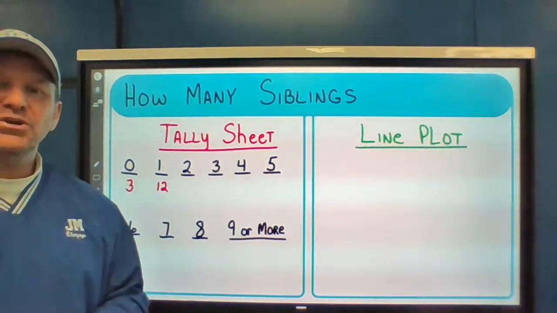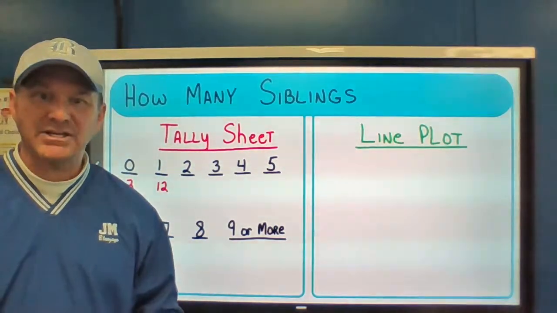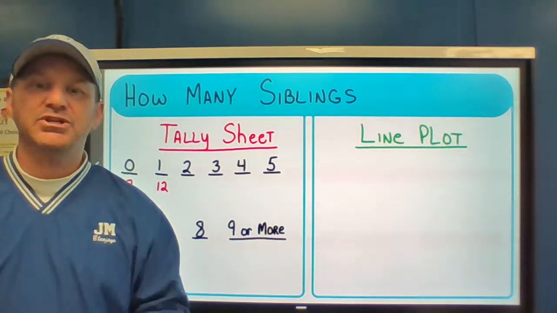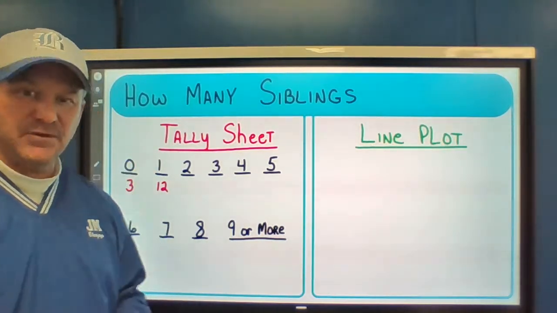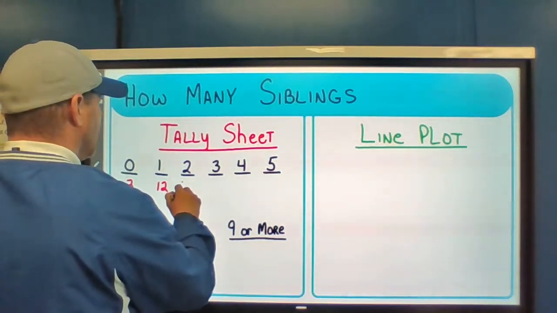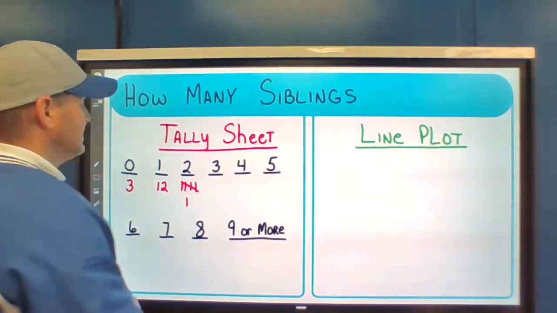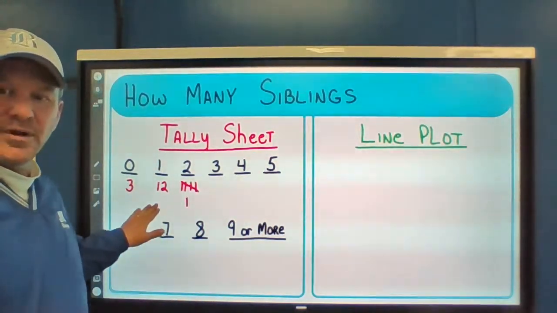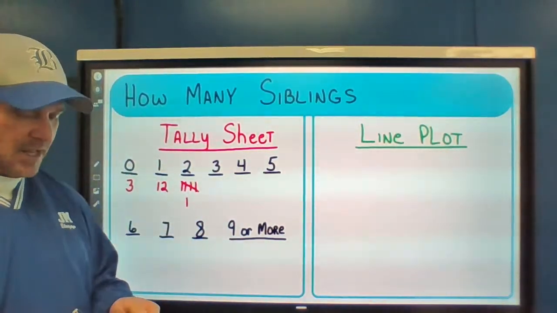Now, you could put the numbers in like this if you want, or you could put hashes. So let me show you for number 2. For 2 brothers or sisters, there were 6 of you. You could do 1, 2, 3, 4, 5, 6, kind of more of your tally sheet. So you could either use whole numbers or you can use tallies.